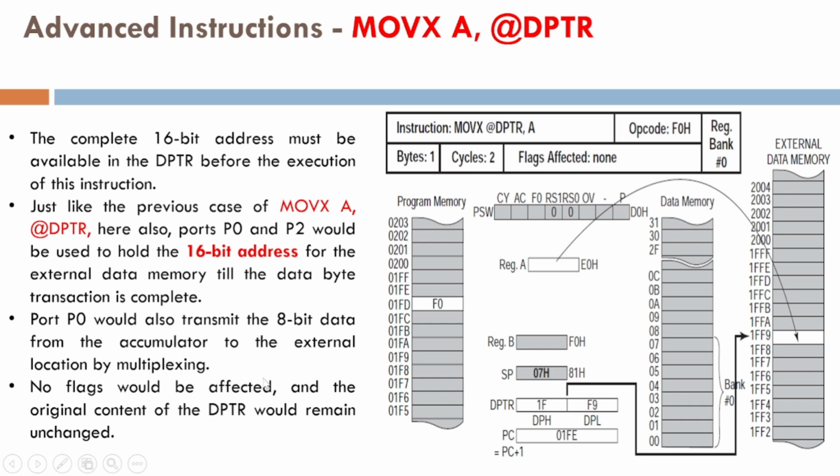So in this case, the target is the external data memory and the source is the accumulator. The content of the accumulator will be stored into the external data memory whose address is in DPTR, and DPTR is again linked with port 0 and port 2.